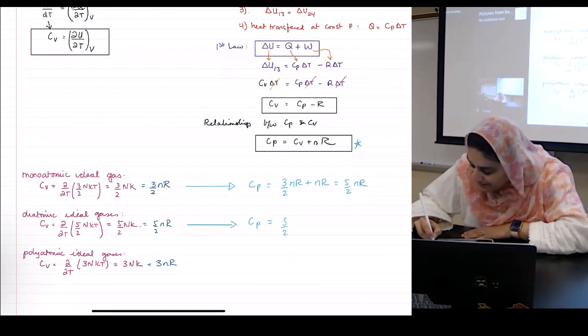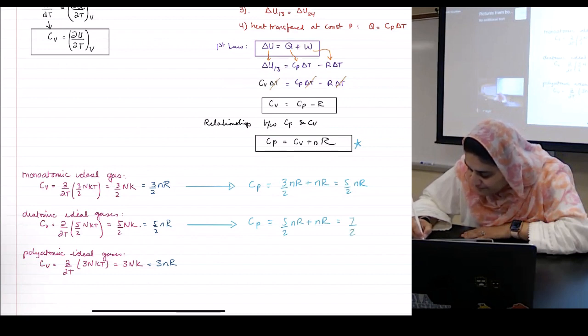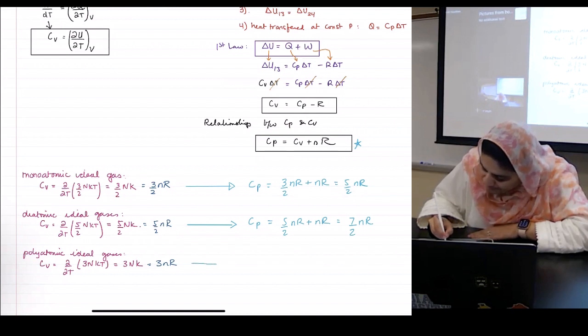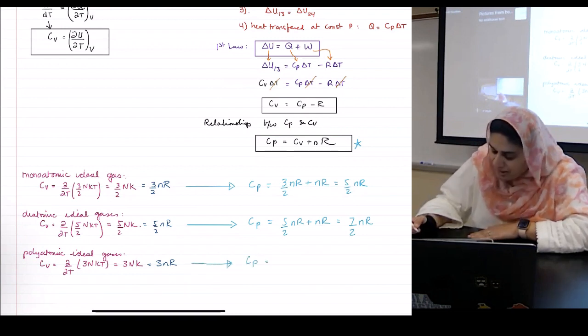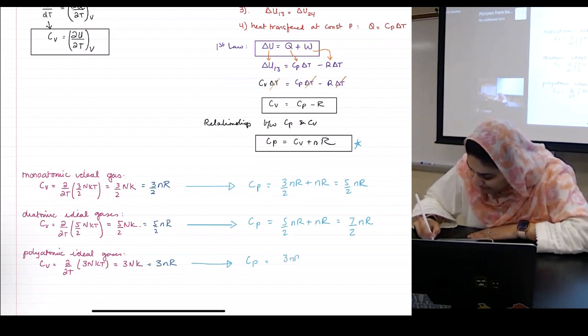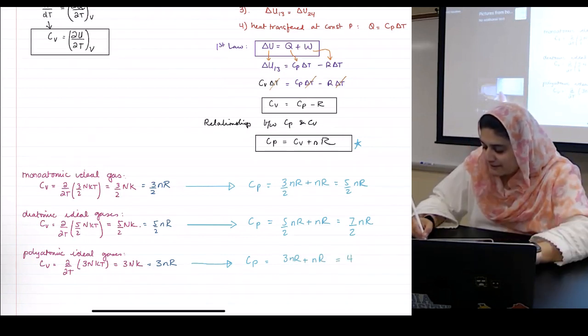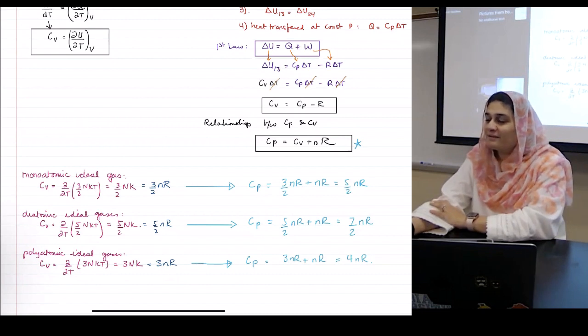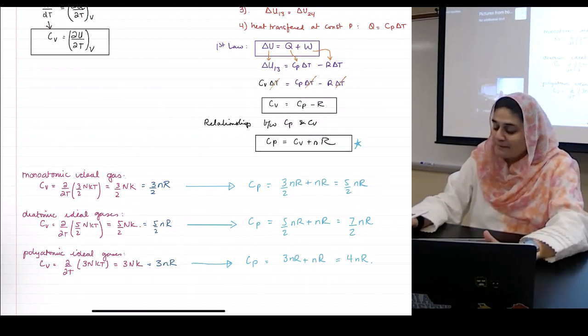The 5/2 NR plus NR will give me, there we go. And the CP for a polyatomic ideal gas will just be, there we go. Thank you. Okay, are we good with this?